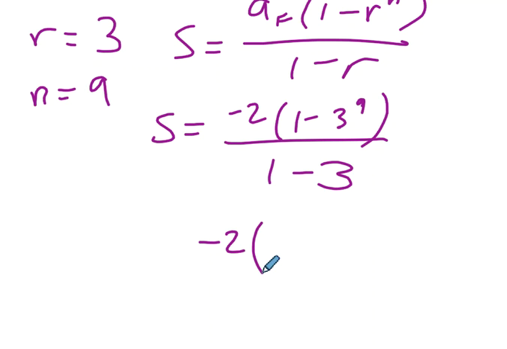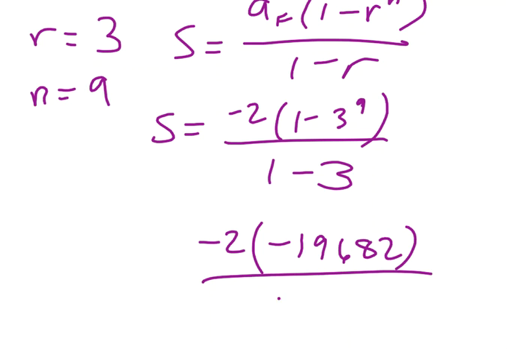Sometimes, depending on what numbers we have, they can get fairly large pretty quickly, and that was true about the terms of a geometric sequence, so adding up all of those terms should get fairly big fairly quickly as well. And 1 minus 3 is negative 2. At that point, I kind of cross those two out because they're the same, so why multiply by negative 2 to have to divide by it?